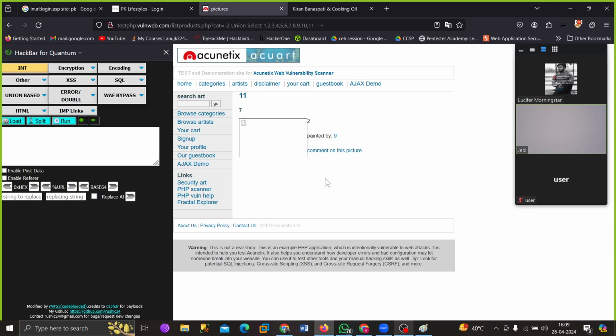Yeah, there's 11 columns. There are 4 columns that are reflecting over here: 11, 7, 2 and 9. We got to know that there are 4 columns reflecting. Okay, 11, 7, 2 and 9.